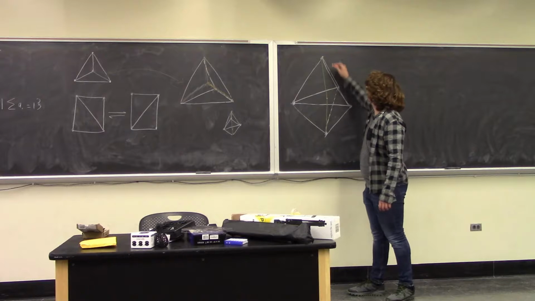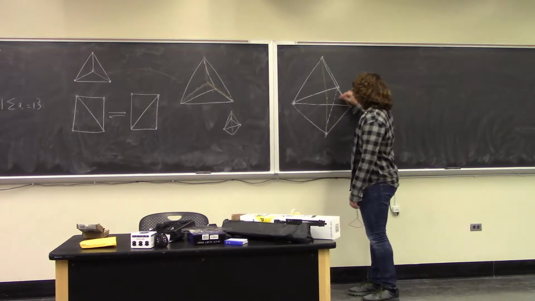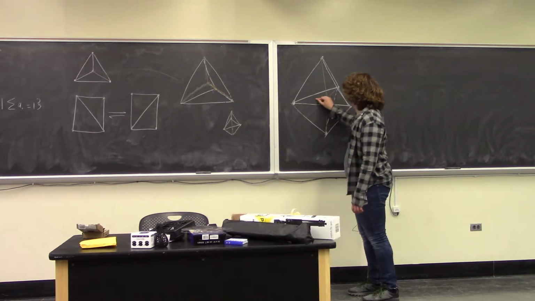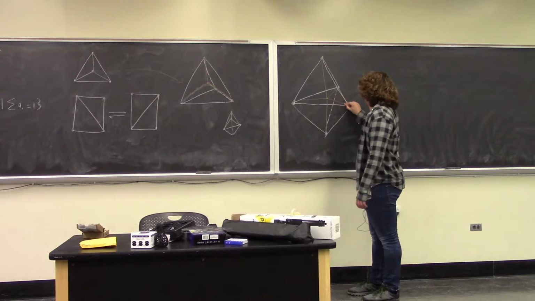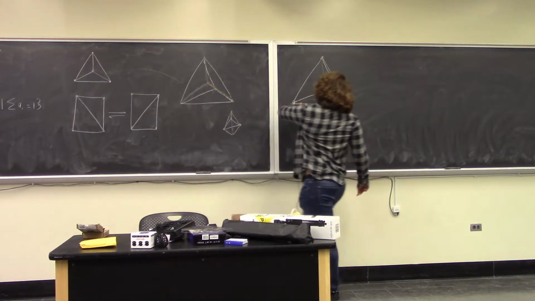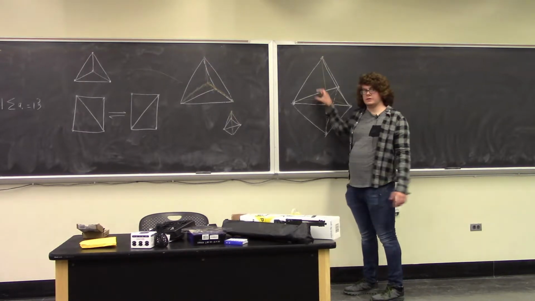So say that this line segment intersects the face which they share here, then our new edges will be drawn like this. So it's kind of like this move in one lower dimension, except what we're doing is subdividing these n simplices.